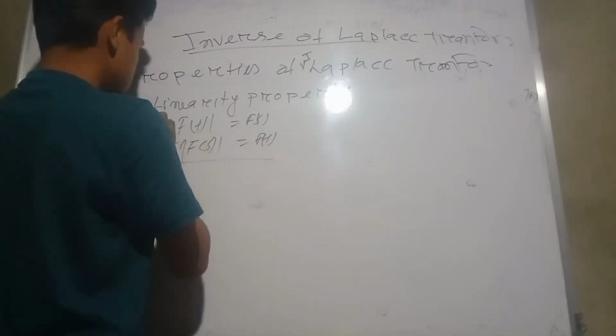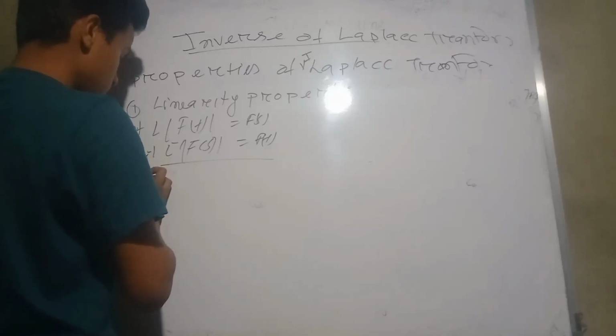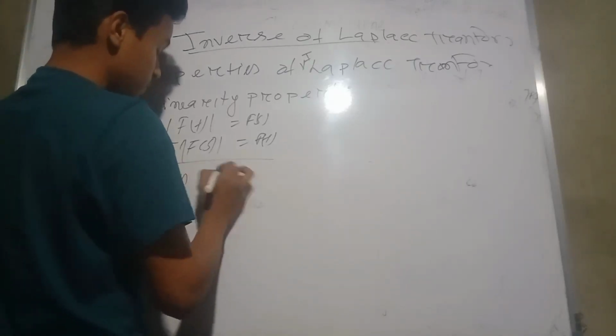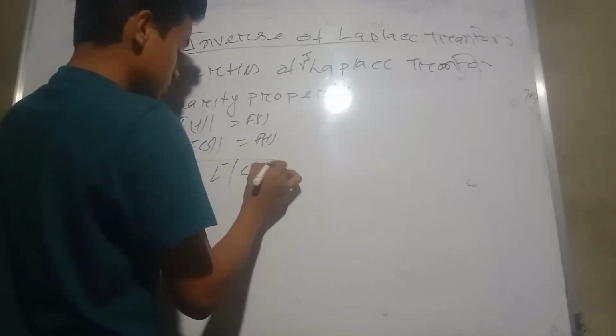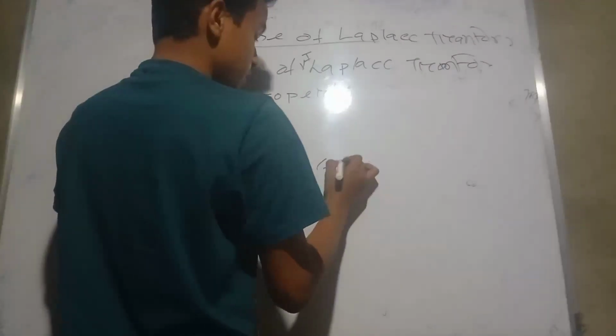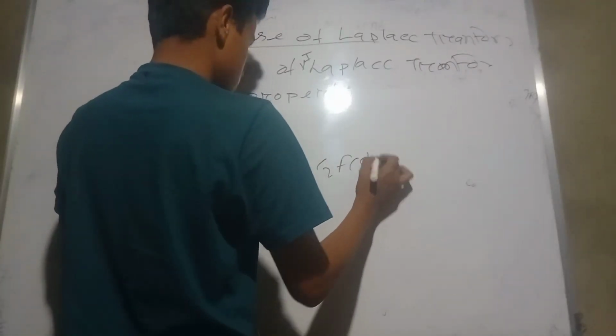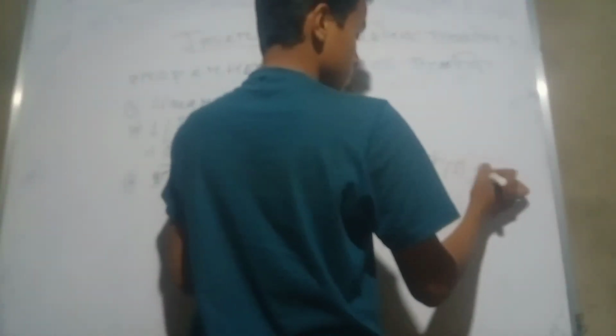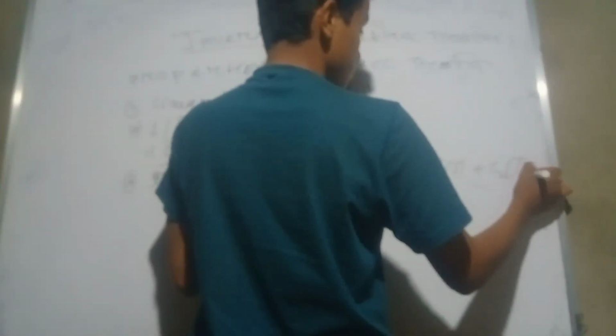Then the inverse Laplace transform of c1 F1 of s plus c2 F2 of s equals c1 times the inverse Laplace transform of F1 of s plus c2 times the inverse Laplace transform of F2 of s.